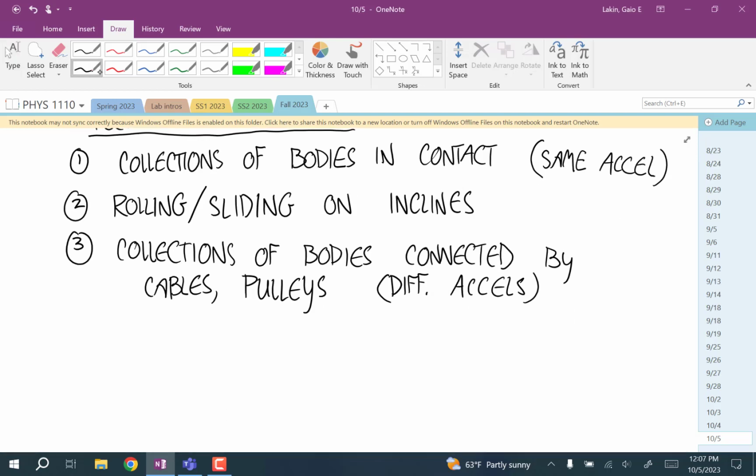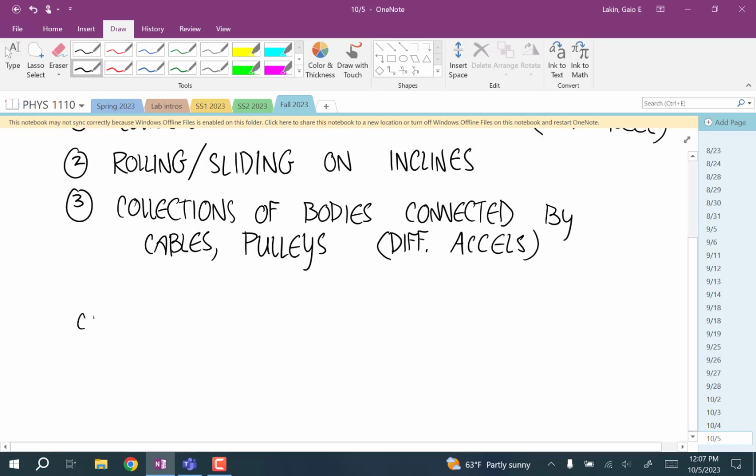Okay, so the first one, we're going to talk about collections of bodies in contact that have the same acceleration.